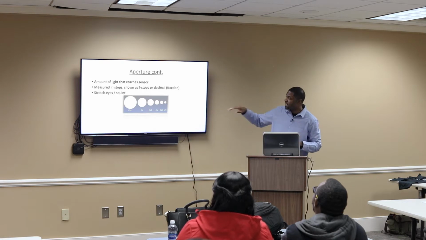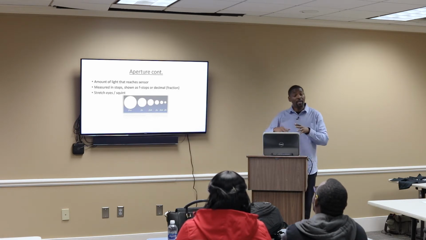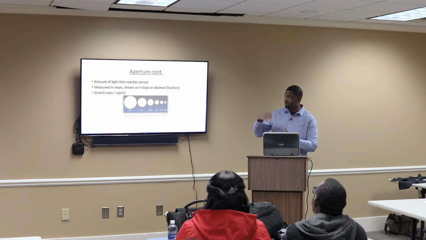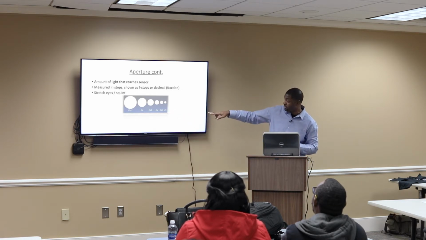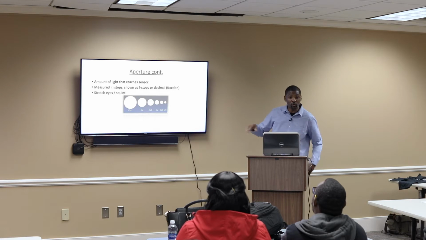For those that don't know or not sure, a stop of light is nothing more than increasing or decreasing the amount of light that's reaching your sensor by doubling the setting. If you double the setting, if you go from here to here, you just doubled the setting. So you letting in one more stop of light.